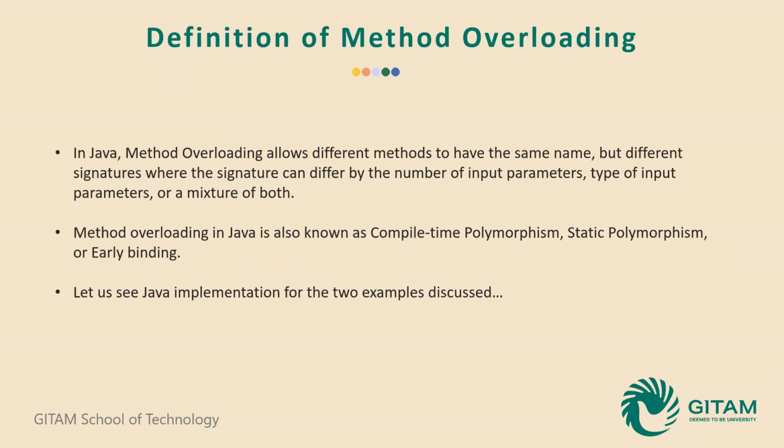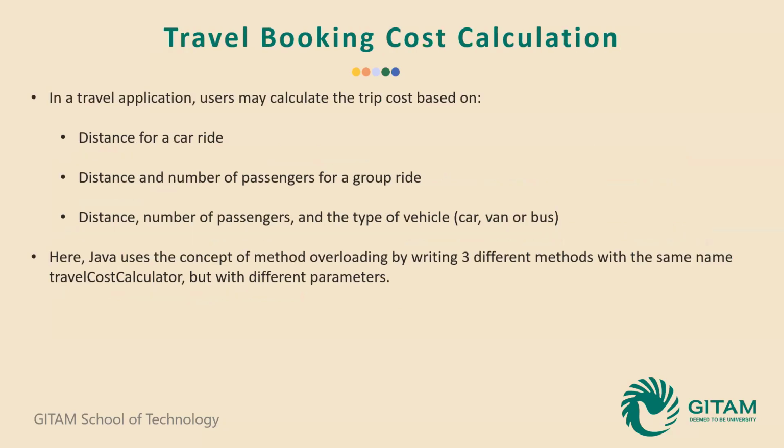Now let us see the definition of method overloading. Overloading allows different methods to have the same name but different signatures, where the signature can differ by number of input parameters or in terms of type of input parameters or a mixture of both. Suppose if we see here, it is differing with respect to the number of parameters and also type of parameters.